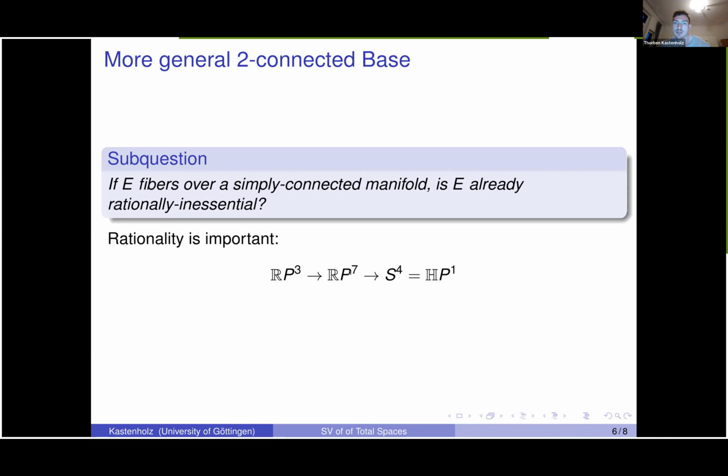And of course, RP^7 is essential because the map from RP^7 to RP^infinity maps the fundamental class to something not zero. But S^4, which is the same thing as HP^1, is of course simply connected. But rationally, of course, the homology of RP^infinity vanishes. So, of course, this is going to be rationally inessential.